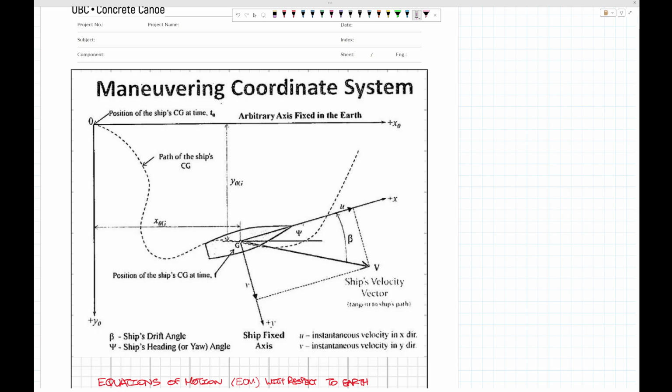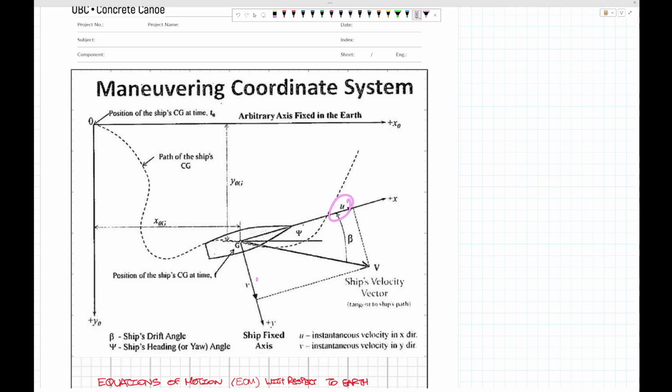So we will end up having to convert some of the equations of motion that we have in the Earth axis to the boat axis, which we'll describe briefly. But knowing this is important. If there's an x naught or a y naught, that's with respect to the Earth axis. If it's just x and y, it's with respect to the boat axis.